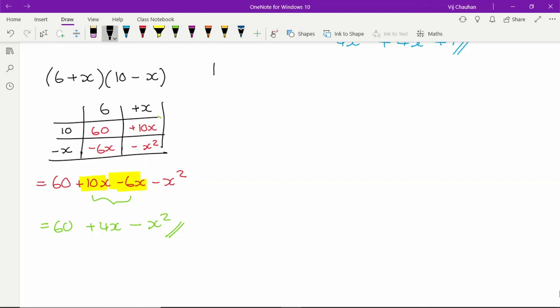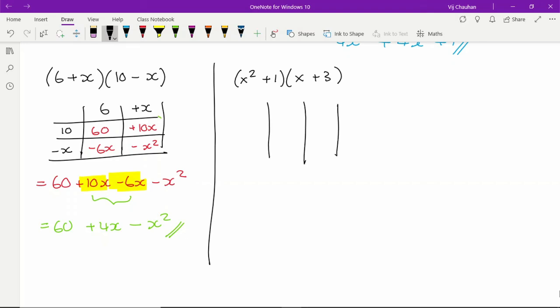Now again, what I've just said is kind of flawed, because what happens if I add a squared inside a double bracket? Like this. So again, if I set up the grid, now if you did the loop method, you should still get the same answer. So I've got x squared plus 1x plus 3.